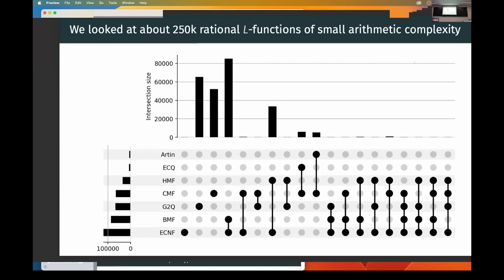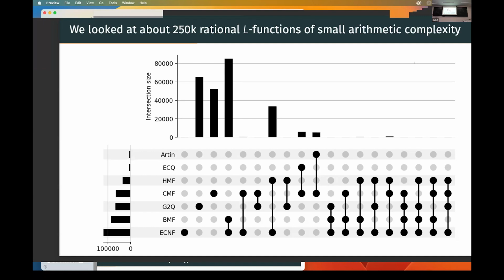Here I'm showing an upset plot, which shows where all these L functions come from. The labels tell you the kind of object they come from, and you can see there's a lot of overlaps. This is what this LMFDB, this database, is about: I'm trying to show these overlaps, that certain things come from different objects. But in particular, I want to point out that there are some dominant sources of L functions in our data set.